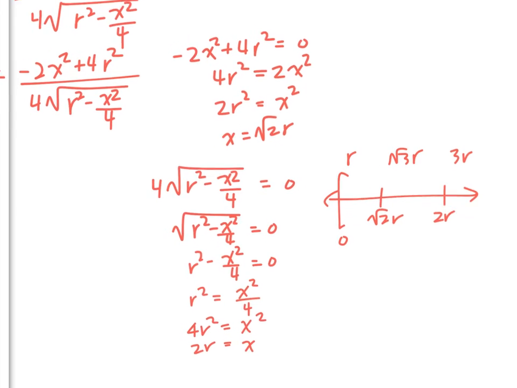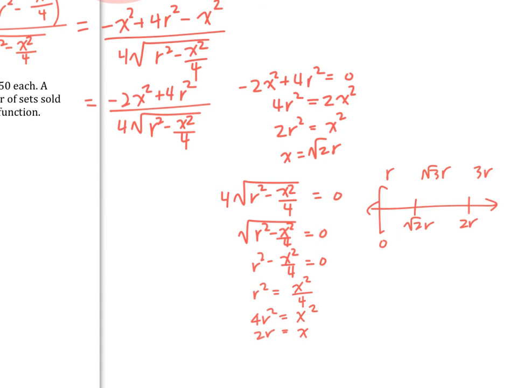All right, let's put r in. Positive, right? Put it in here. In the denominator, this has to be positive. We can't have a negative square root, so it has to be positive. Negative 2 times square root 3r squared.